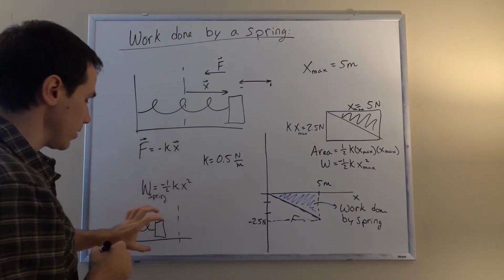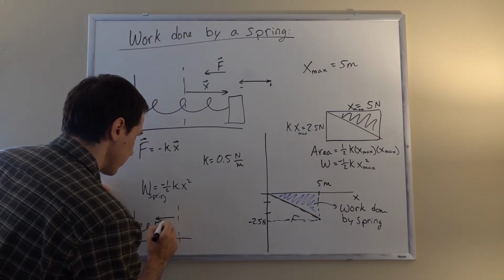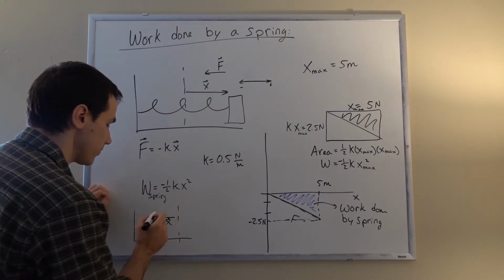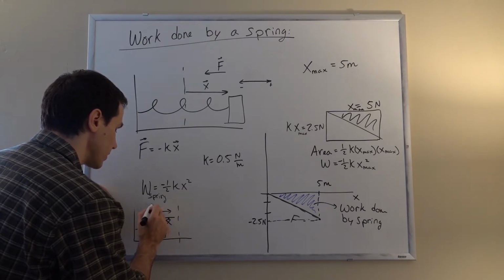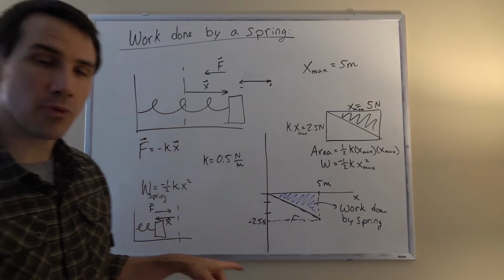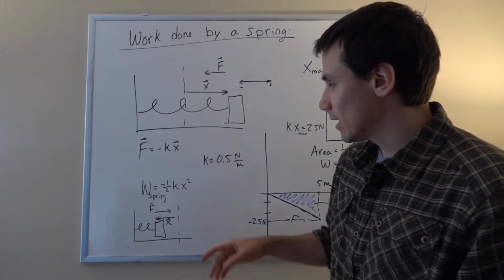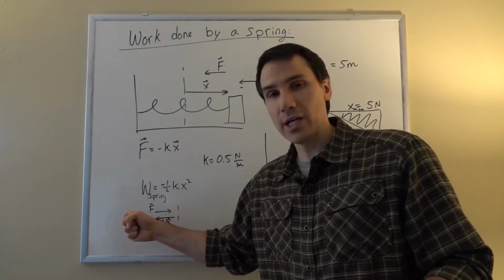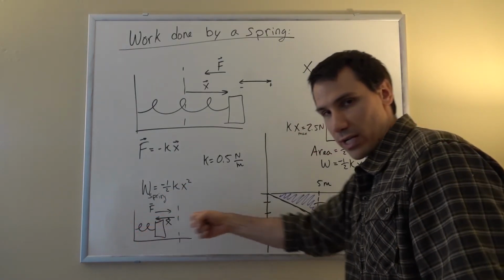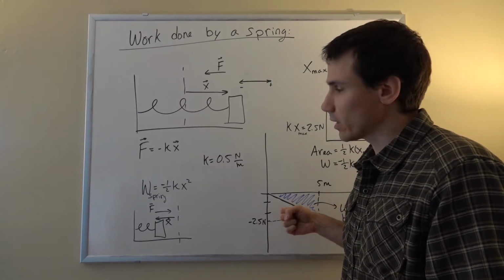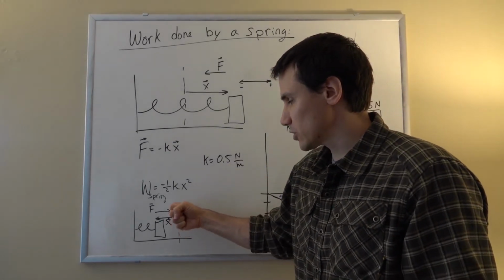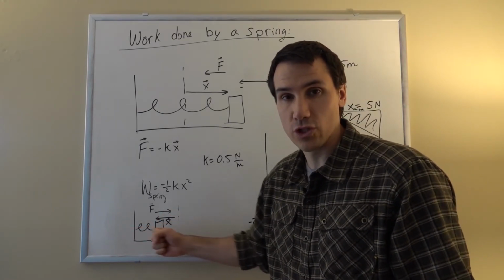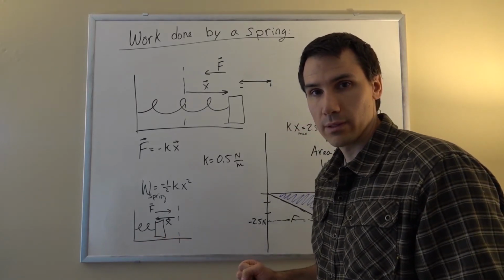That is, if I compress the spring, my x vector points to the left, and my force vector points to the right. My force vector again points against the direction of motion, leading to negative work. So, if you compress a spring, the spring does negative work. If you stretch a spring, the spring does negative work. As long as the spring is starting at equilibrium and being compressed or stretched, it is doing negative work.